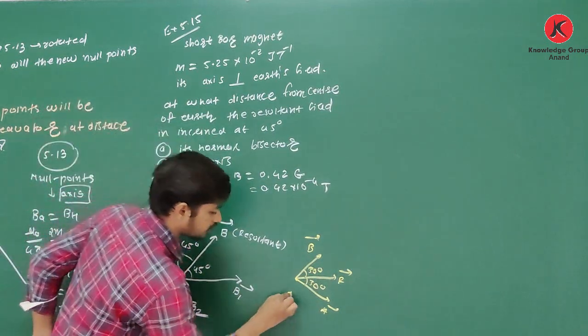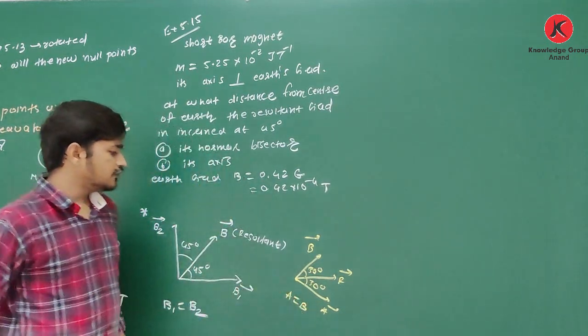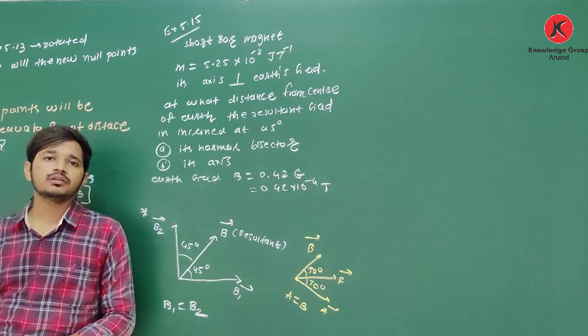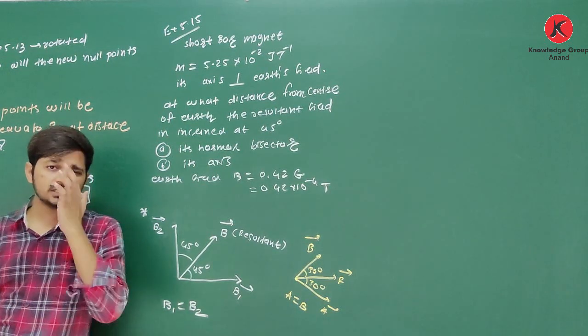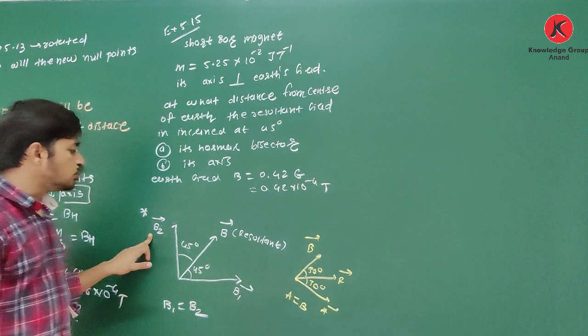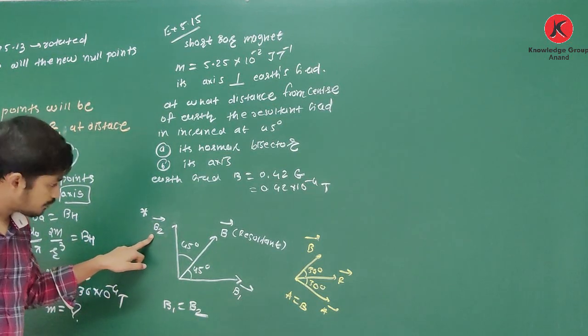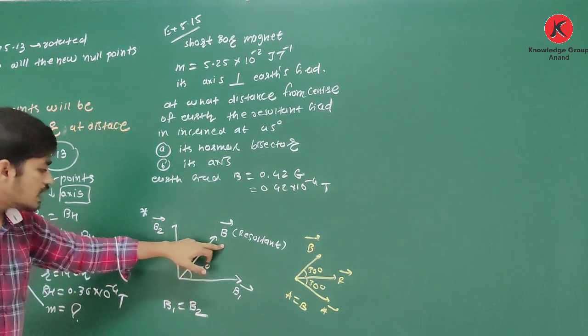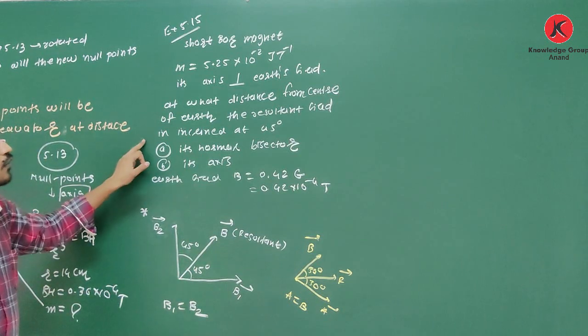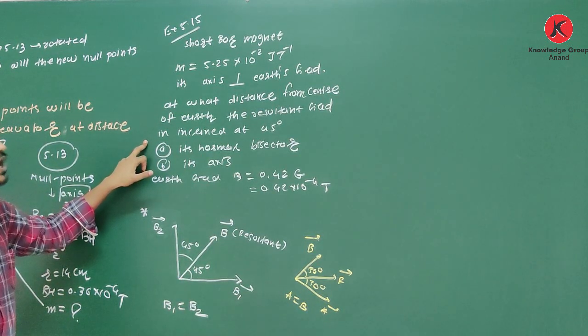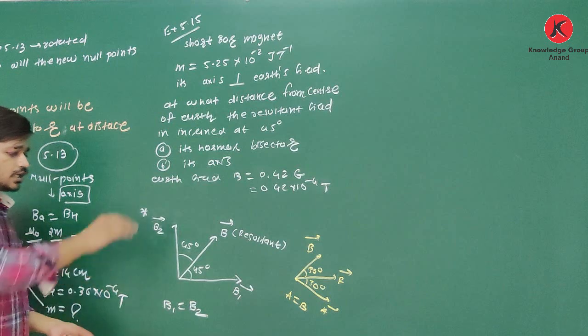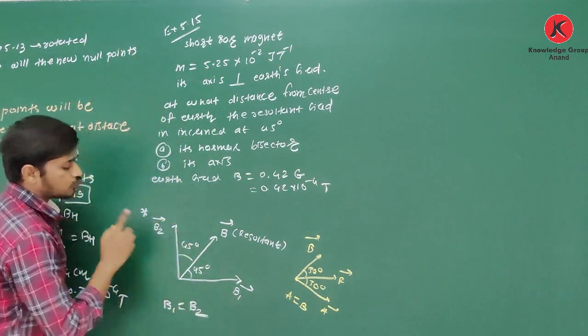But in this condition, A is equal to B. Clear about this? So yes, B1 and B2 perpendicular to each other, the resultant magnetic field makes an angle of 45 degrees, then in this condition, B1 is equal to B2.